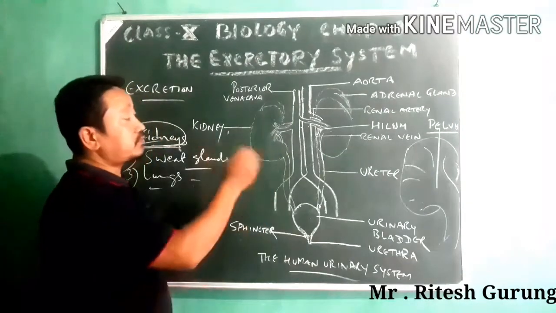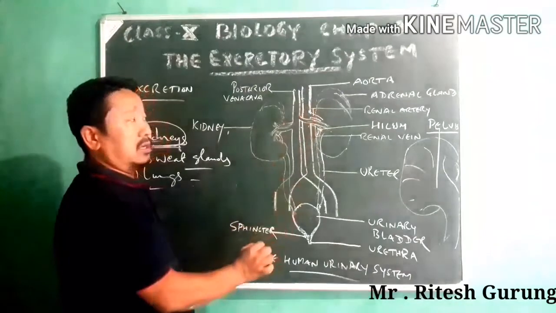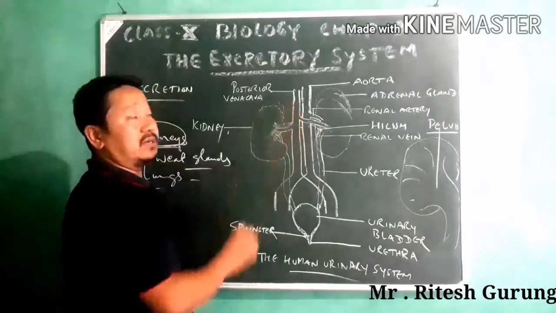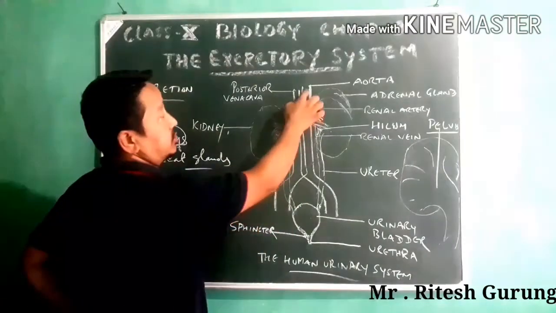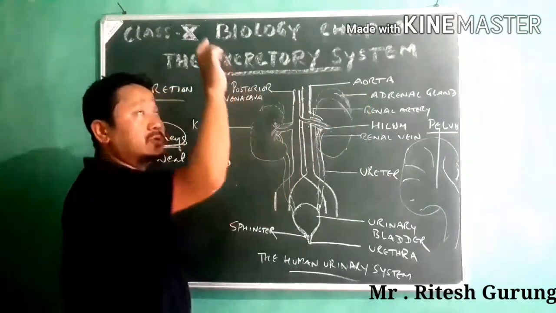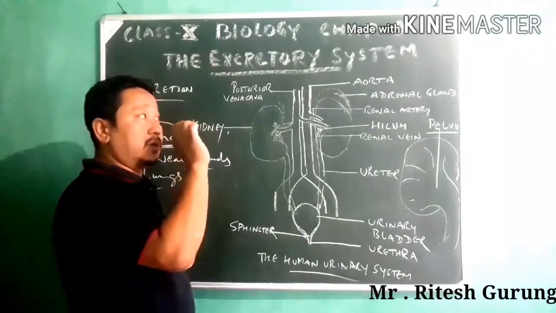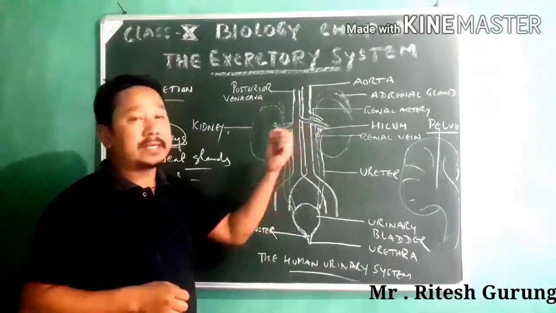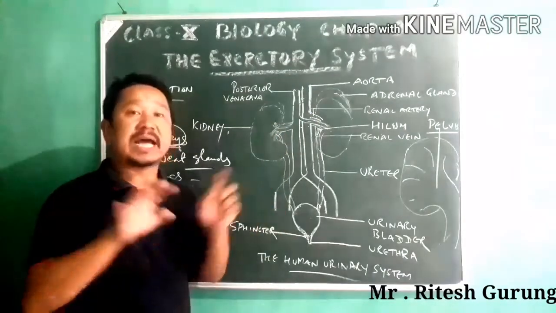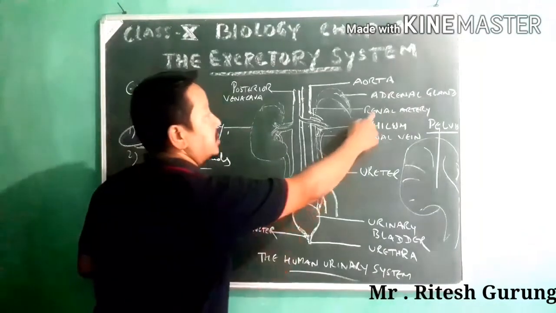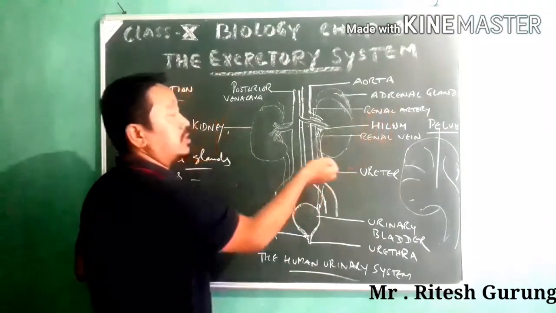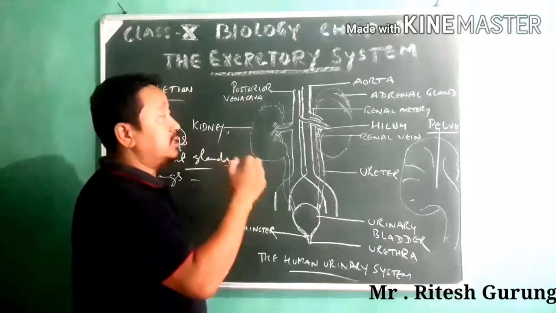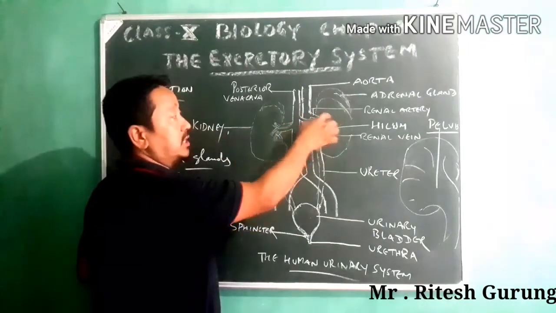Now, there are two blood vessels. As shown here, the aorta comes out of the heart, and from the aorta another blood vessel branches out, the renal artery. The renal artery carries oxygenated blood into the kidney on both sides.